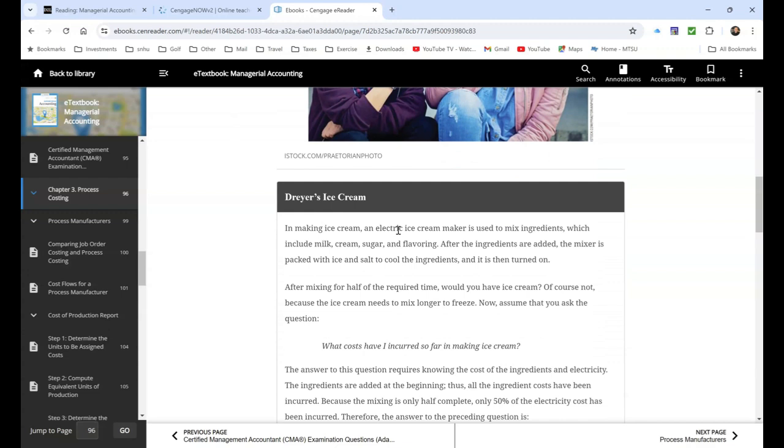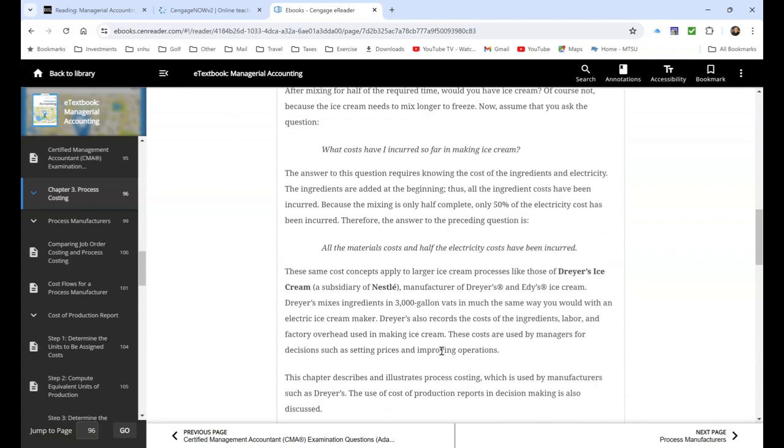So really at that point, we're just going to allocate all the overhead costs to that process. And you might have different steps in those processes, and each step may have different overhead. In the first example, again, we just allocated the overhead based on hours, some activity. And this, we're just going to allocate it based on volume, essentially.